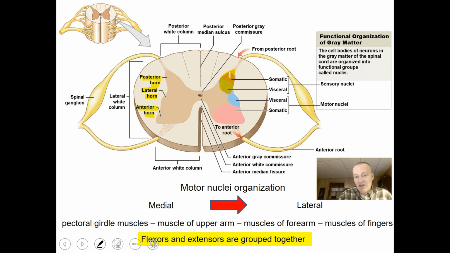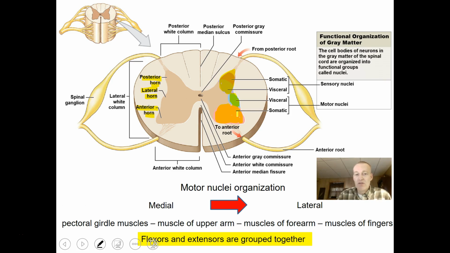And then in the lateral and anterior horn, we have motor nuclei that are going to send motor information to the body. Remember, sensory information is being collected from the body and taken to the spinal cord, but motor information is being taken from the spinal cord to the body. Everything's nice and organized in these posterior, lateral, and anterior horns. We'll come back to that in a second.